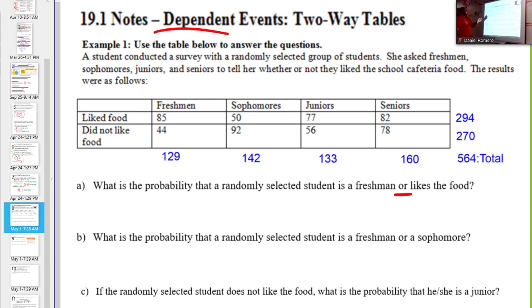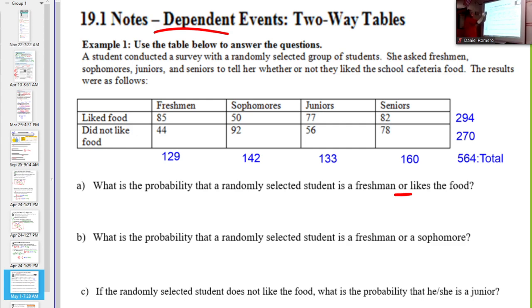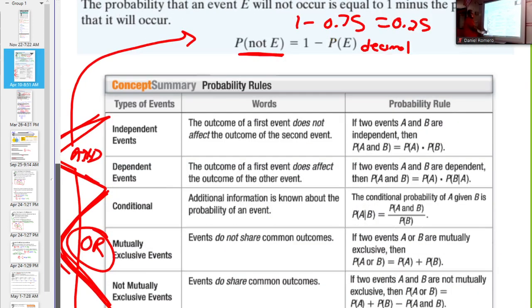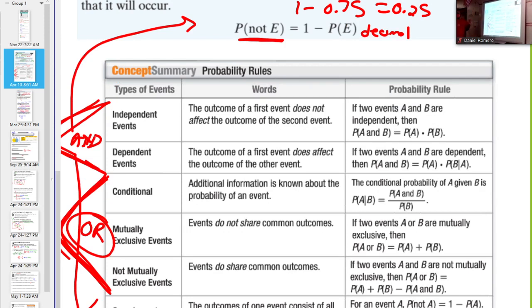So this is comparing, let's see, freshmen, sophomores, juniors, and seniors, who like food or did not like food. But if I say or, meaning I want the union, I'm looking at the total. I have to go back to this. So when you have or probability, this is still from yesterday, I haven't touched it.